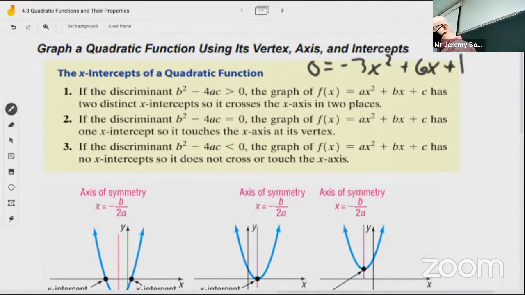So if the discriminant is greater than 0, it has two x-intercepts. If the discriminant is equal to 0, we only have one x-intercept, and it's at the vertex, which is interesting. And if b squared minus 4ac is less than 0, that means you have no x-intercept.